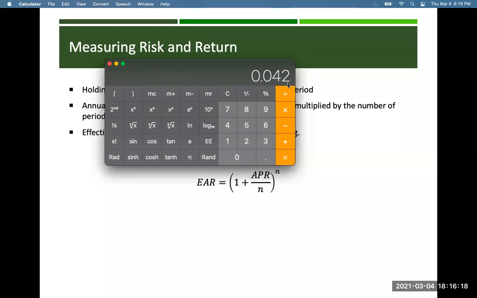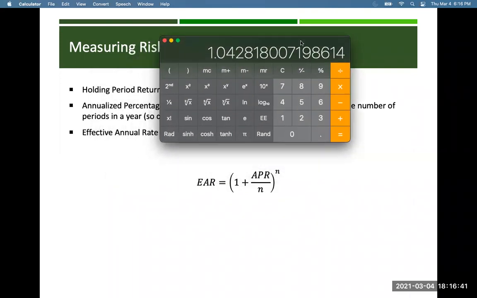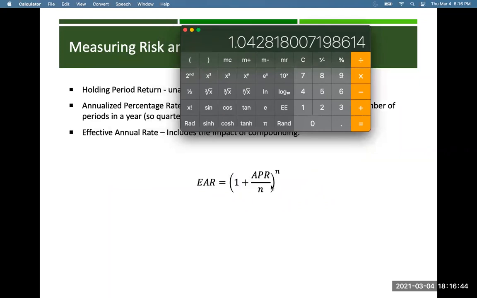So that's our APR. If you're given APR, you divide by 12 if it's monthly compounded. Then you have to add 1 and raise it to the power 12. N is the number of periods. So if it's a monthly period, N is 12. If it's a quarterly compounding period, N would be 4.